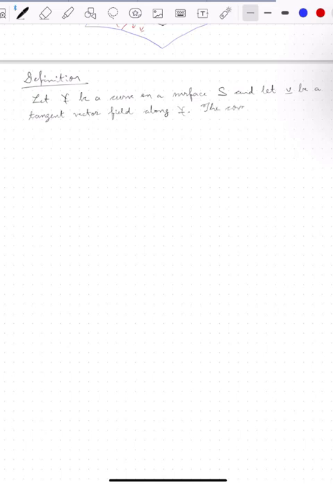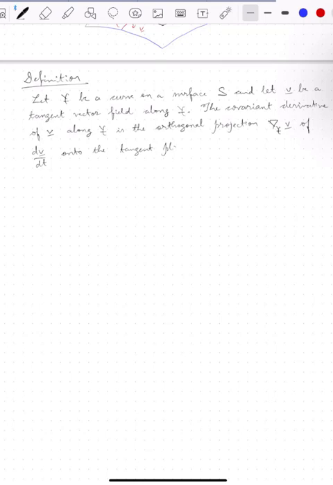Then the covariant derivative of V vector along gamma vector is the orthogonal projection, grad of gamma vector V vector, of dV vector by dt onto the tangent plane T gamma vector T of S at the point gamma vector T. Okay, so now we understand what we call the covariant derivative, right?